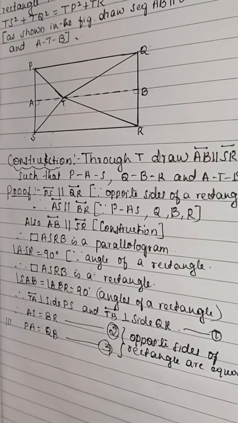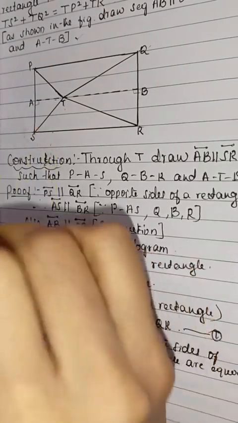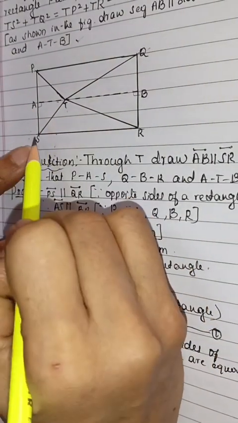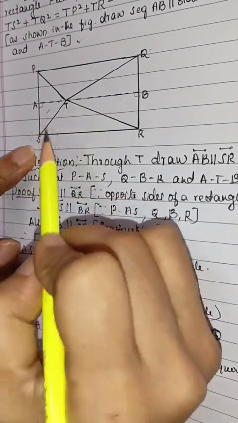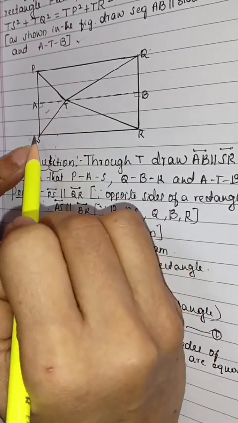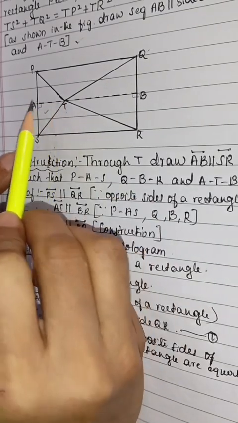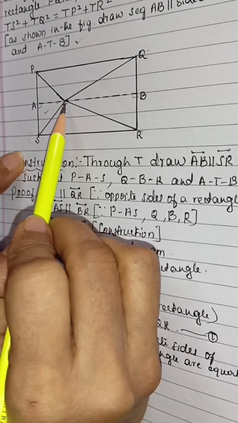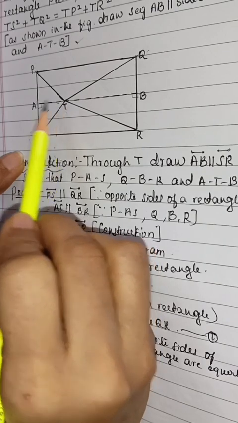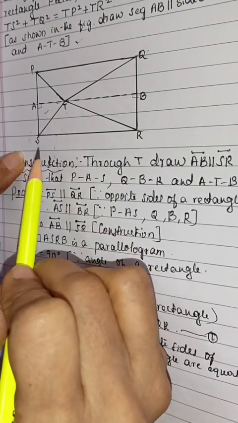Now we have to take triangle SAT, because TA is perpendicular to PS. Therefore, angle TAS is 90 degrees.